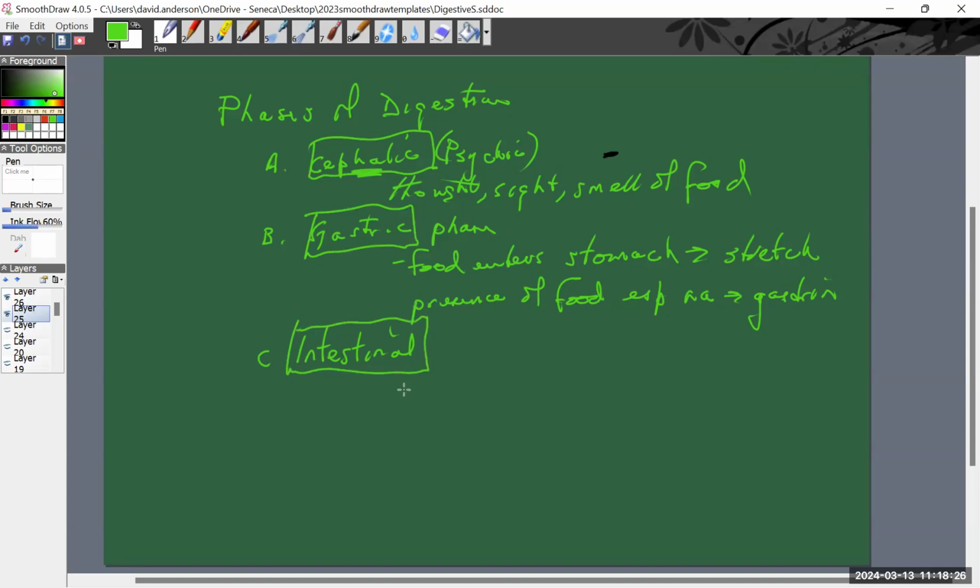And at the intestinal phase, this is what's happening when the duodenum responds to chyme and releases hormones to promote digestion and absorption. So we're going to talk a little bit about those hormones that are going to be involved to sum up what we've been spending so much time on today.